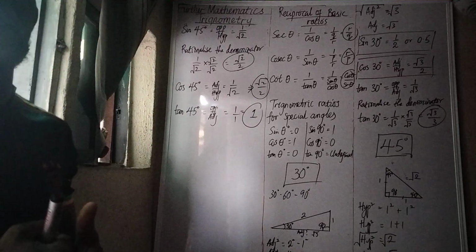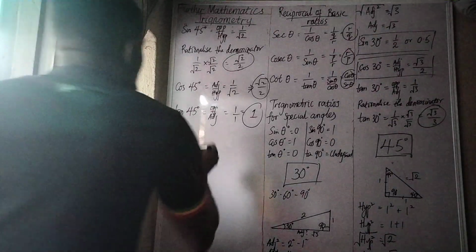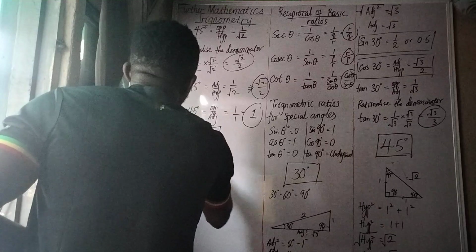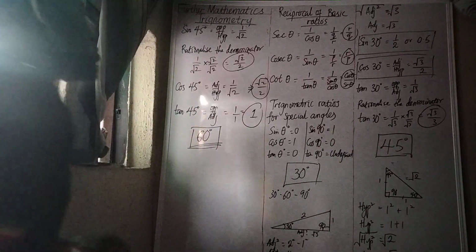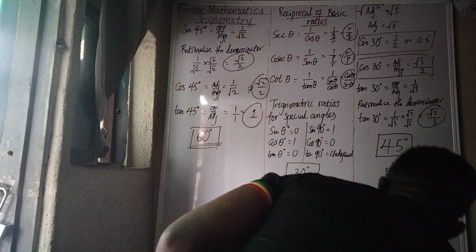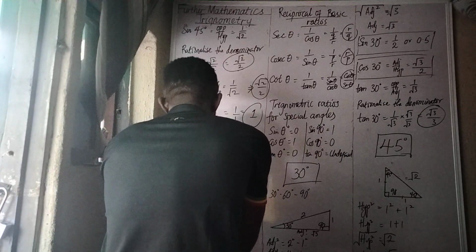Same thing happens to 45 degrees. So the last but not the least is going to be 60 degrees. So we are going over to 60 degrees. We want to handle this. Okay, I will be needing the help of this to get my right angle triangle.